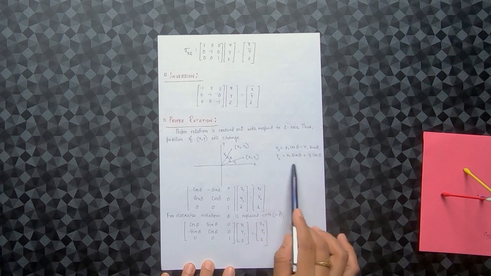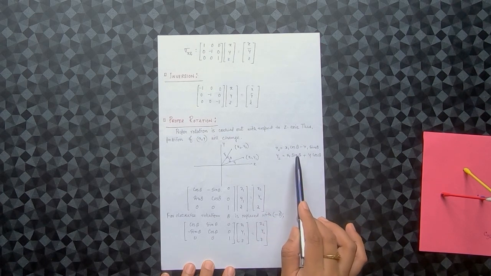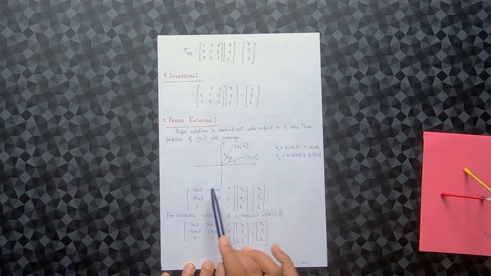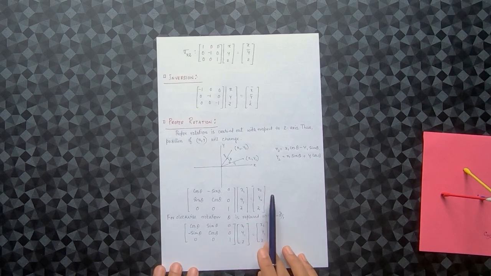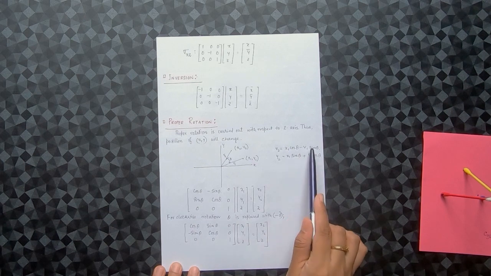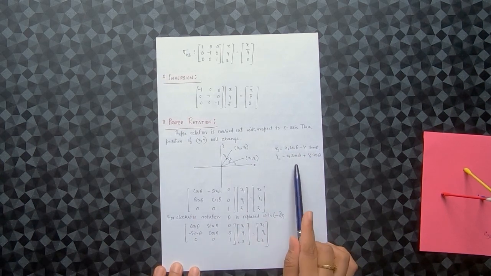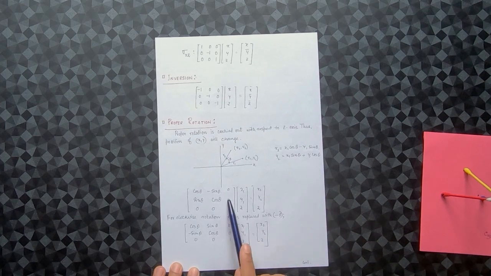From this equation we write the elements from the product, which form the matrix: cos theta, minus sin theta, 0, sin theta, cos theta, 0, and 0, 0, 1.